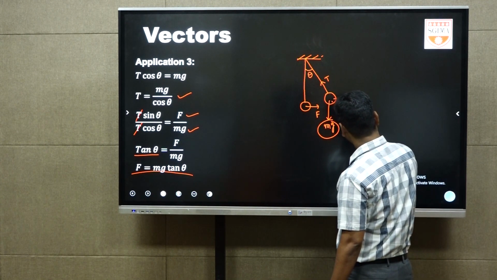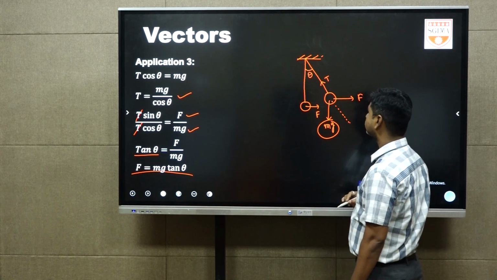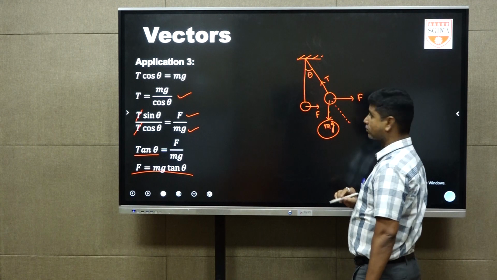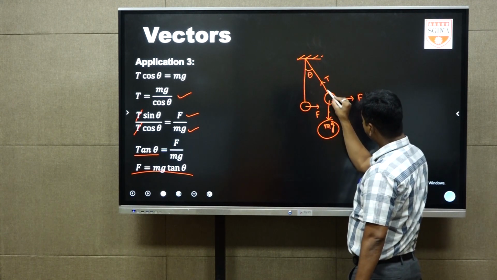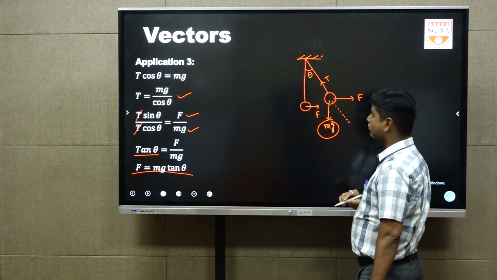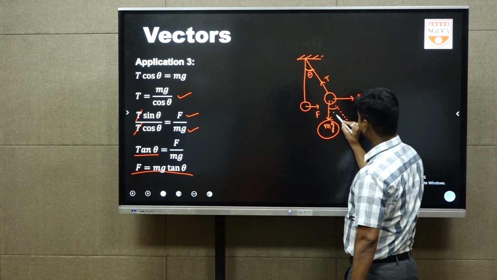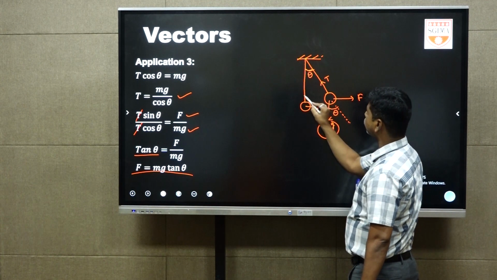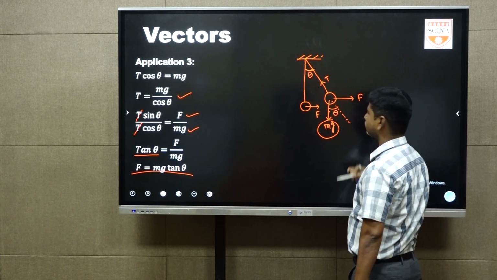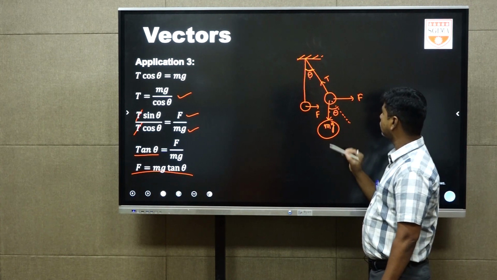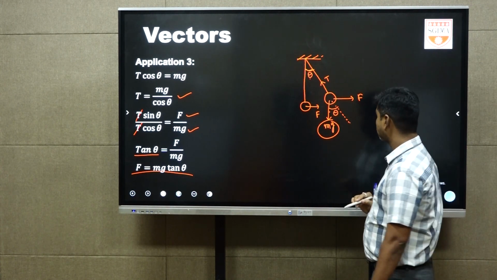Along this line, take one dotted line. This line is parallel to the length of the string. This line is the new position of the length of the string. Then the angle is the same, because these two lines are parallel and this line is an extension of the dotted line. That's why both angles are also the same.